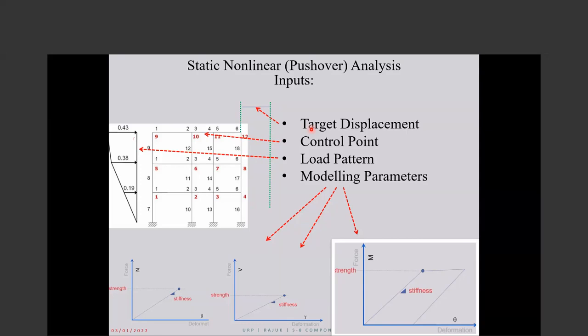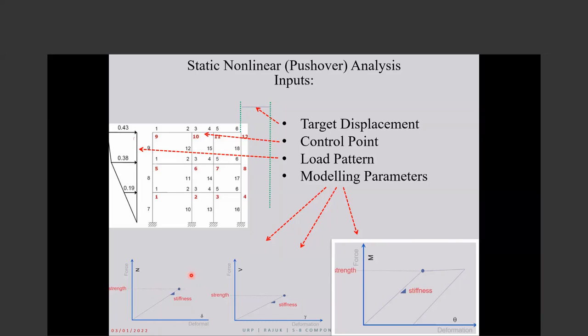The other outcome is that when we push this building to reach the target displacement, one of the force control actions passes the strength limit, which is at the bottom. These two are the force control actions, for example axial load and shear. As we push, if the axial load increases and passes this point on the vertical axis, that is the strength, and when we calculate the strength we use the lower bound values for the material, so it's the lower bound strength.